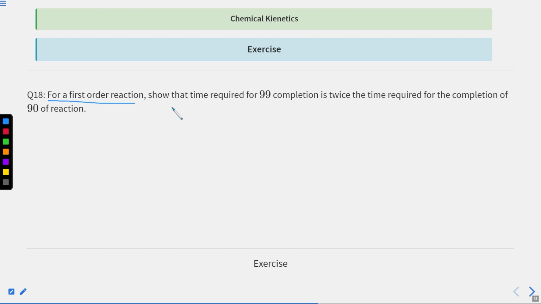For a first order reaction, we have to show that for 99% completion, the time required is twice the time required for the completion of 90% of the reaction. So what we have to show here is that this is 2 times of 90. Now let us calculate this. So this is for a first order reaction.